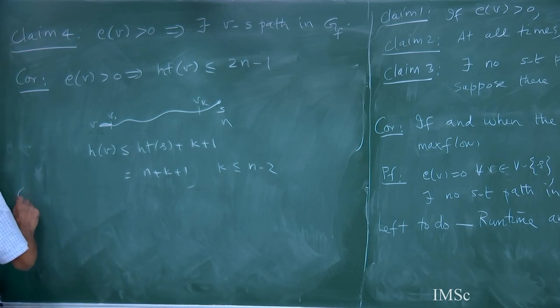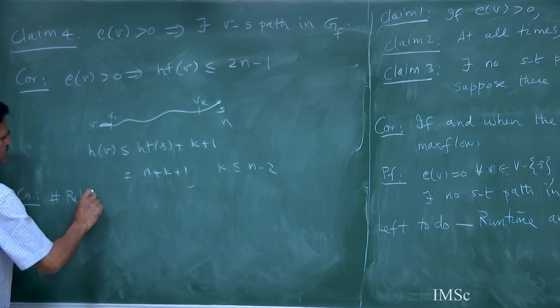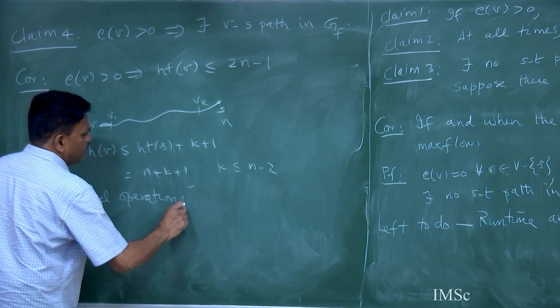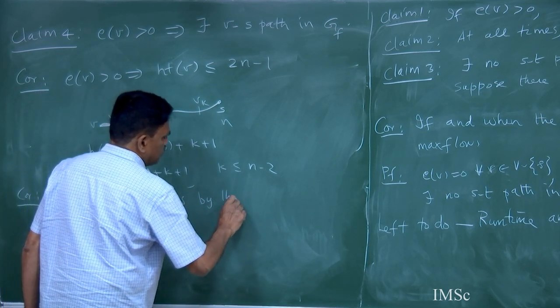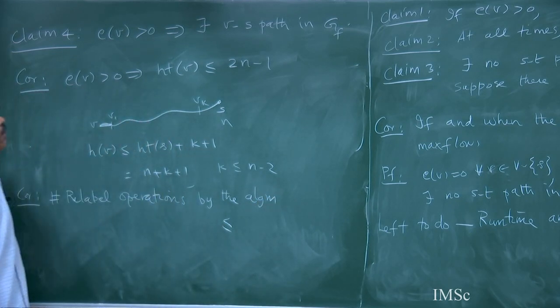So another corollary now is the number of relabel operations by the algorithm. For each vertex, each relabel operation increases the height by at least 1.